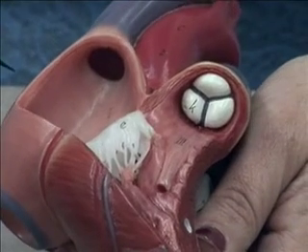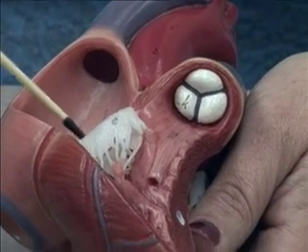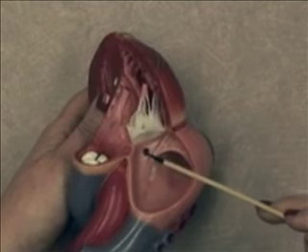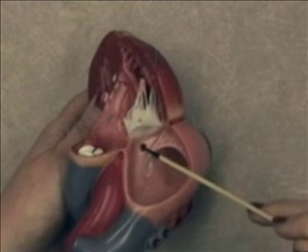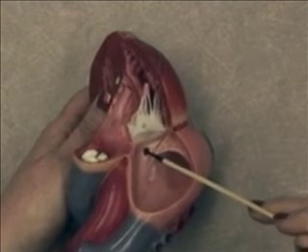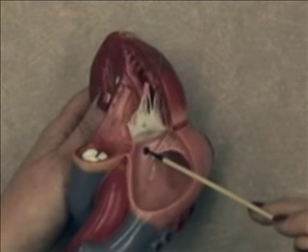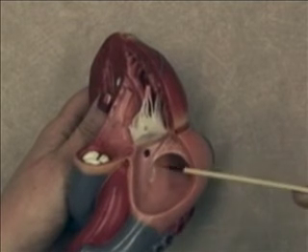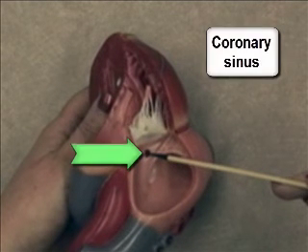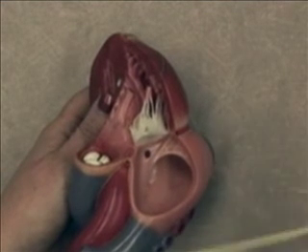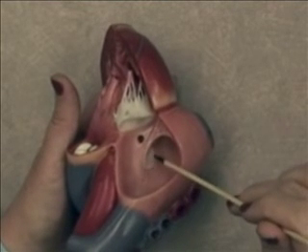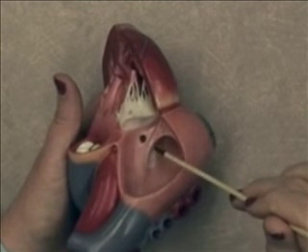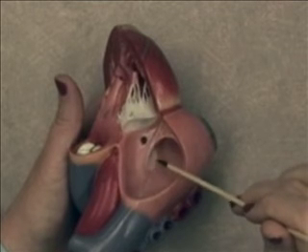In the right atrium, you see a small red spot just above the tricuspid valve. This is the coronary sinus's entrance. The coronary sinus is a vein that brings blood from the heart muscle itself back into the heart for recirculation. There's also a fingertip-sized depression just above and behind the coronary sinus entrance.